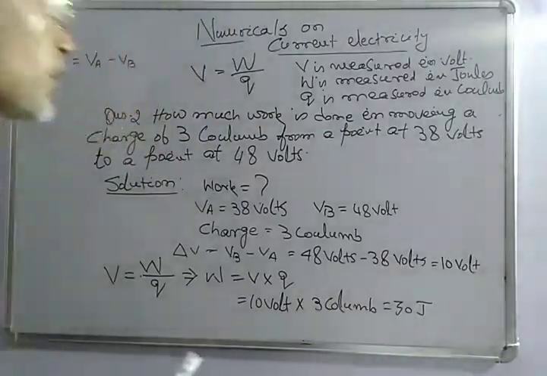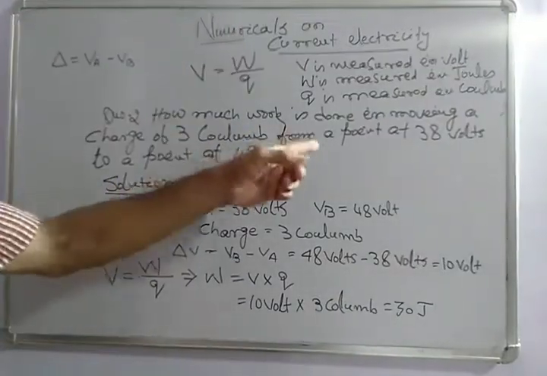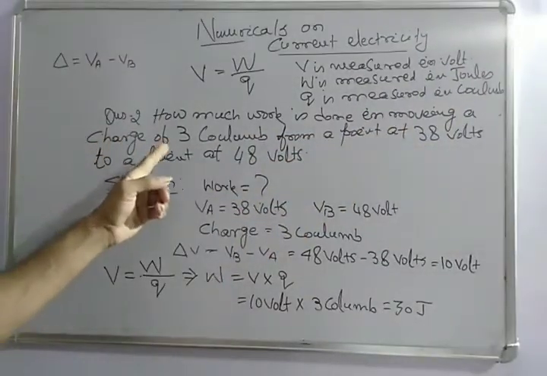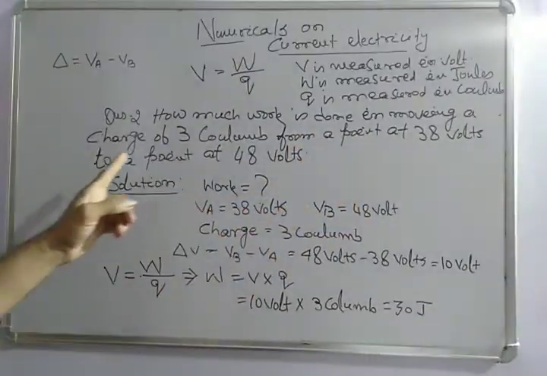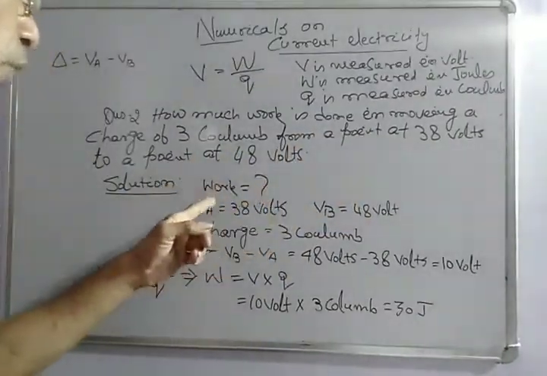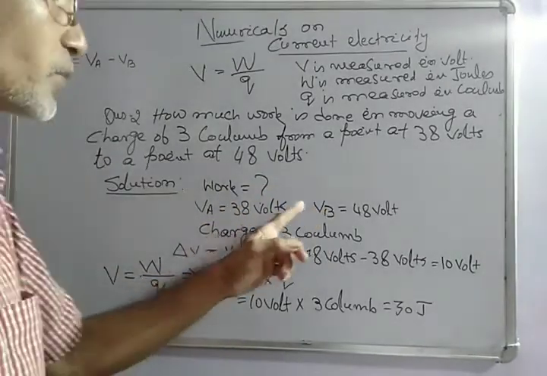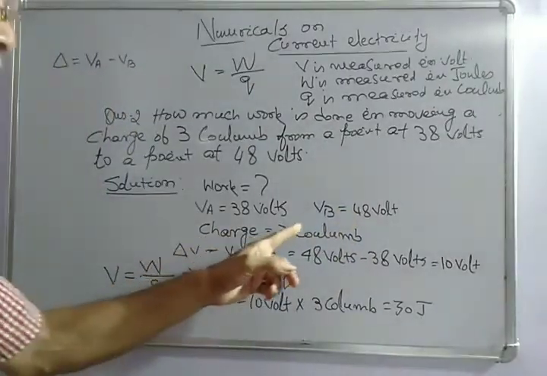So all of you have understood, I think, in question number 2, how much work is done in moving a charge of 3 coulomb from a point at 38 volts to a point at 48 volts. VA is equal to 38 volts, VB is equal to 48 volts, charge is equal to 3 coulomb.